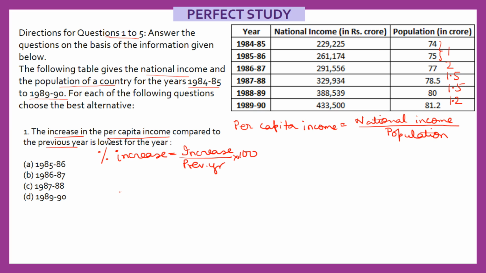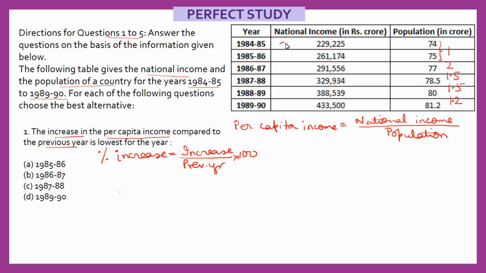So what we have to find out, the percentage increase is lowest for which year? Now, do we have to calculate the percentage increase for all these 6 figure numbers? No need at all. I'll show you a very simple way we can do it. I'm writing it here only. What I am doing is, first I am just converting them to 3-digit numbers, that too rounded off.